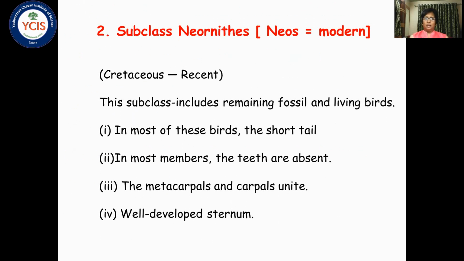The second subclass is Neornithis, where Neos means modern, and the birds in this subclass were found in the Cretaceous period. This subclass includes fossils as well as living birds. The characteristics of the birds in this subclass are as follows.